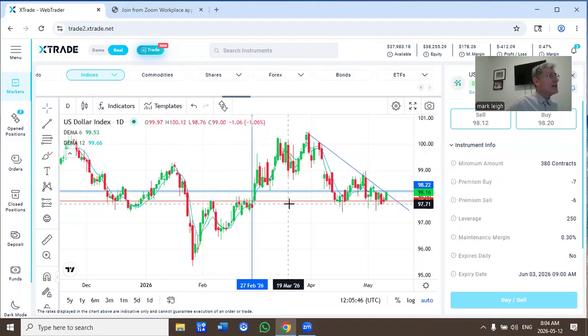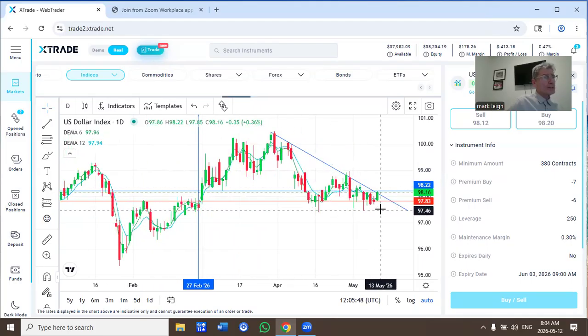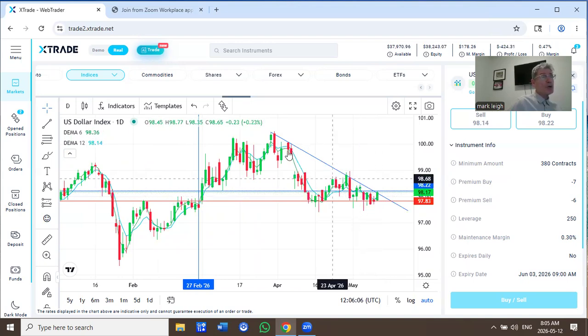Let's have a look at the US dollar performance. Strong start today on the index. You can see that bounced up off this very tough support level, sitting at 97.83, and intraday resistance at 98.22, noticeably above that 98 level, and also testing the descending trend line.